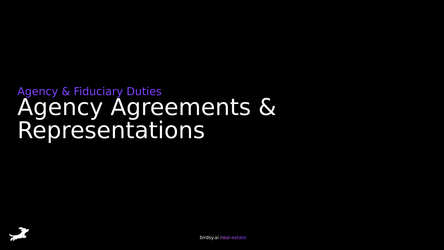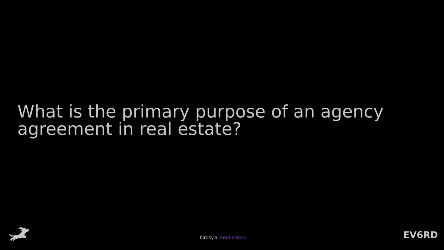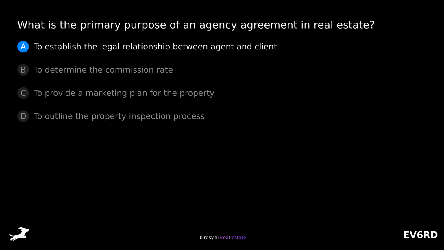Agency agreements and representations. What is the primary purpose of an agency agreement in real estate? Is it A, to establish the legal relationship between agent and client, B, to determine the commission rate, C, to provide a marketing plan for the property, or D, to outline the property inspection process?